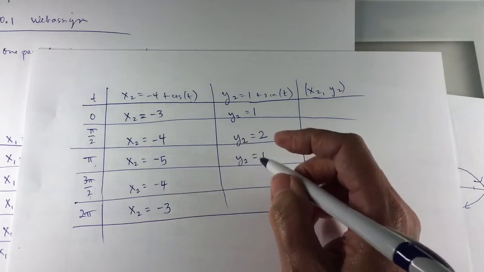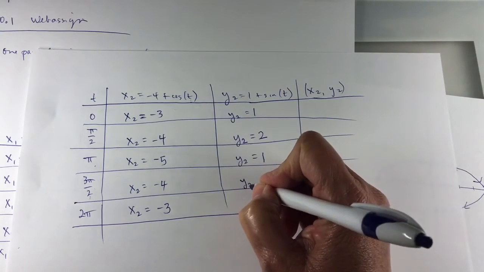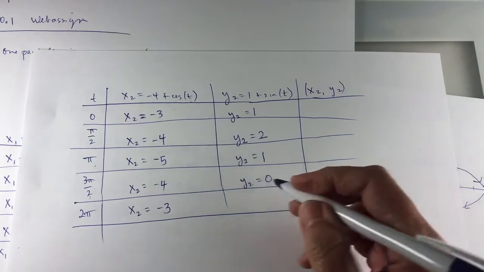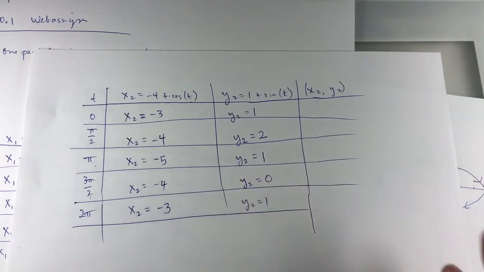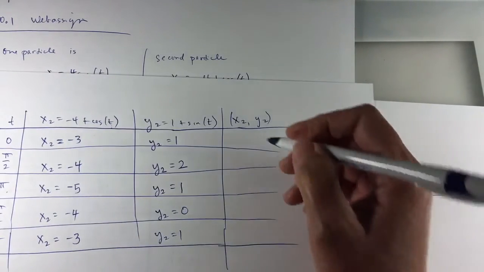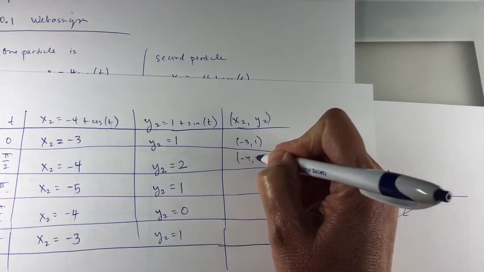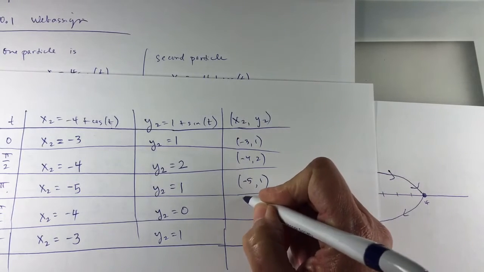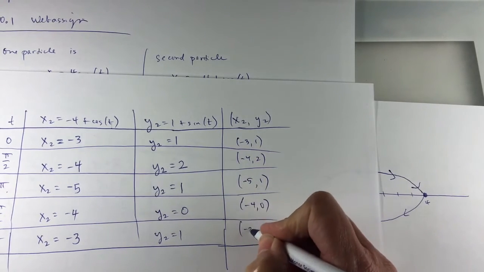For 3 pi over 2, the sine of 3 pi over 2 is negative 1. y sub 2 is 1 plus negative 1, that's 0. And then for 2 pi, y sub 2 is 1. And then my ordered pairs, negative 3, 1, negative 4, 2, negative 5, 1, negative 4, 0, and negative 3, 1.